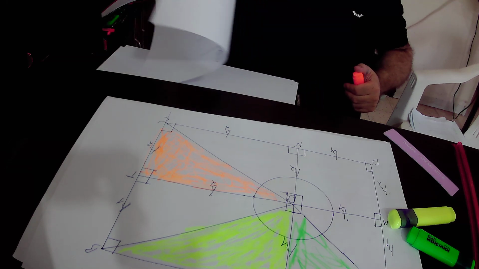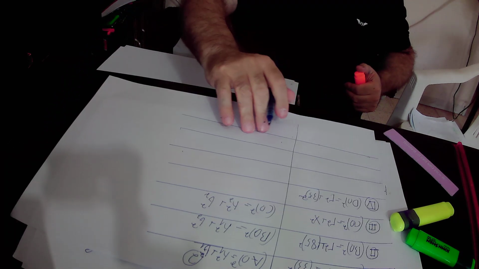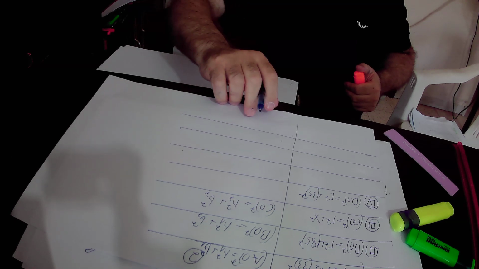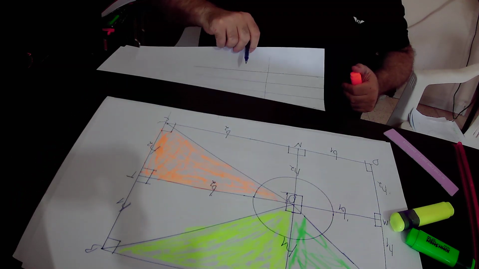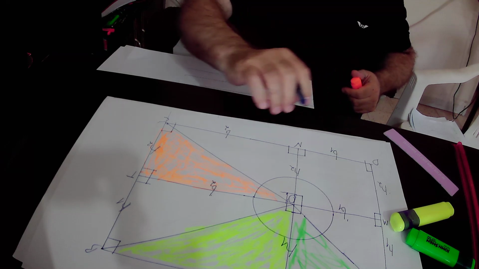Repeat again: in the right orange triangle OCT, CO squared equals H2 squared plus B2 squared. And finally, we join points O and D together by a straight line.